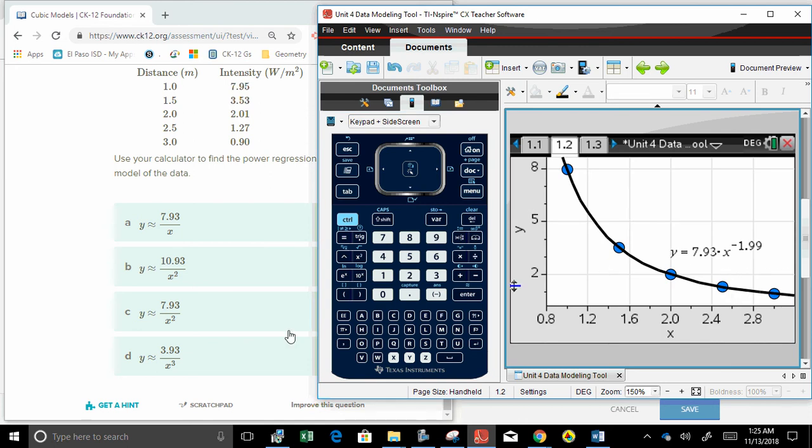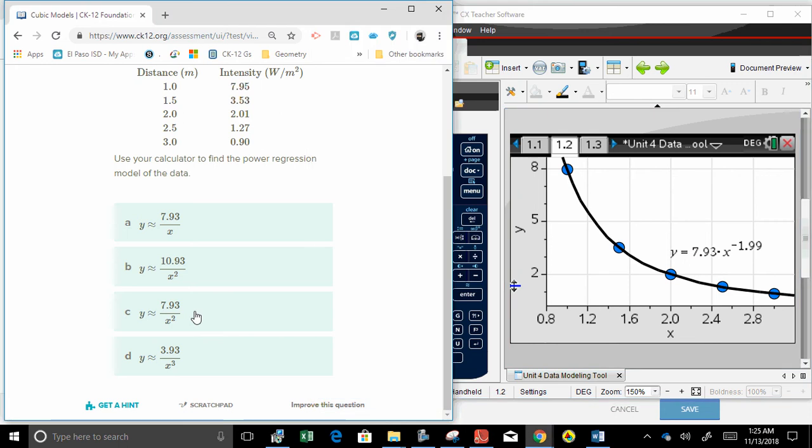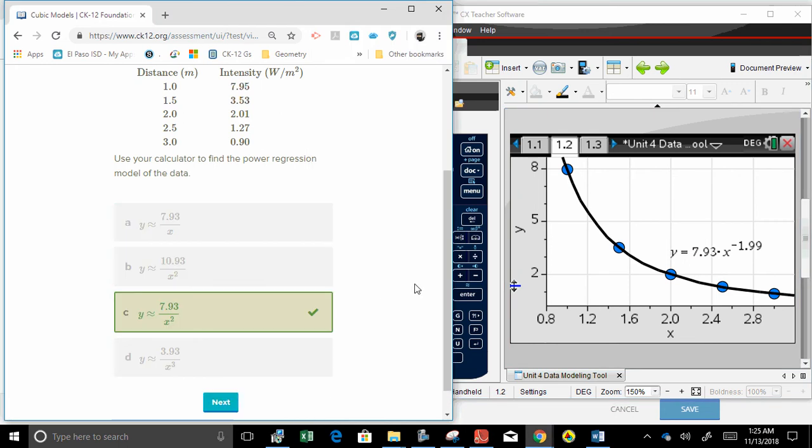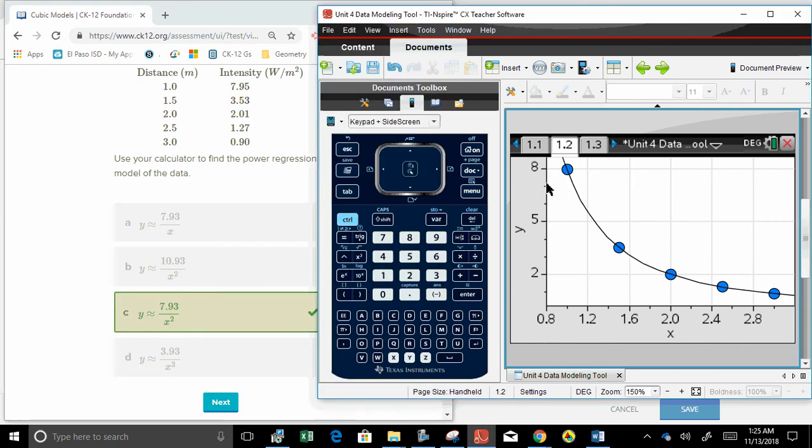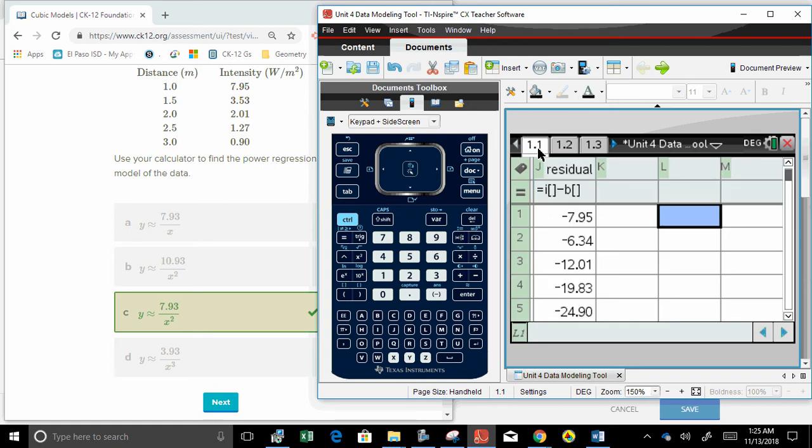It's 7.93 to the negative 2, more or less. That's it. Oh, I could have seen that.